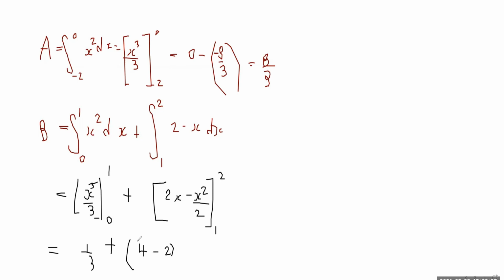Subtract, when you plug in 1, you get 2 minus 1 over 2. That is 4 minus 2, which is 2, so I get 1 over 3 plus 2 minus a half, which is 3 over 2.